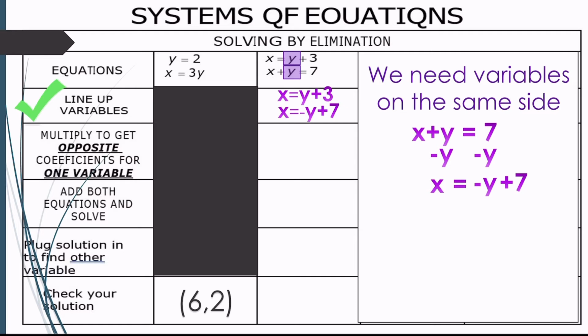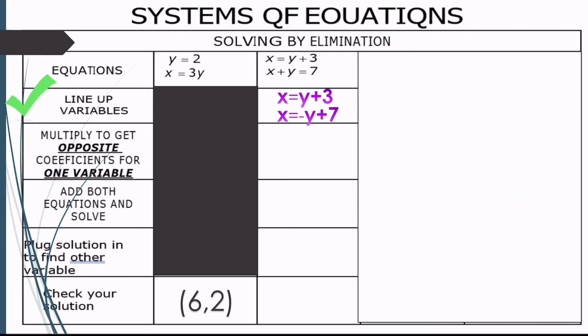Now step 2 is I'm going to have to multiply. The reason why we multiply is to get opposite coefficients. Remember, a coefficient is the number in front of a variable. An opposite is when I add the two numbers together, I'll get 0.